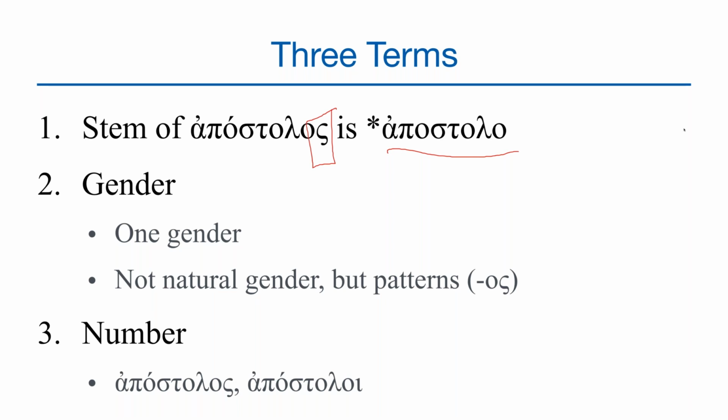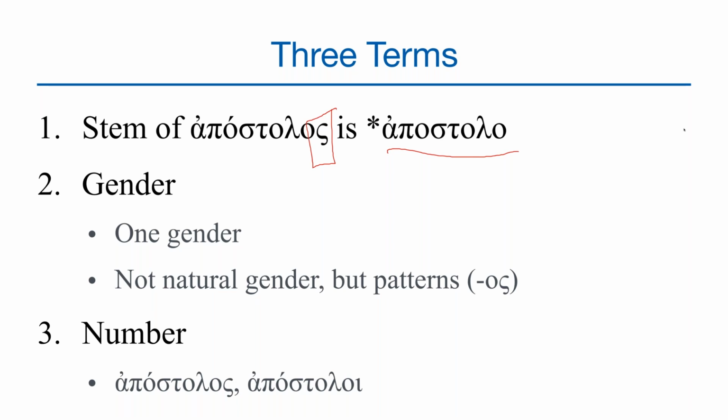I don't know if anybody's studied this before, but they may have memorized it with the vowel that goes before the last letter. For the purpose of this class, I want you to just memorize the case endings I give you. There's a reason for it that comes up later whenever we start talking about third declension. But for right now, all you need to know is that the part that is without the case endings is the stem.